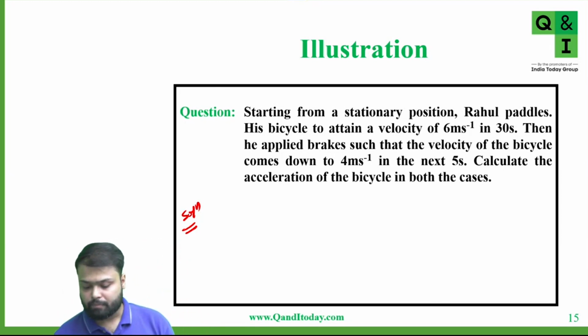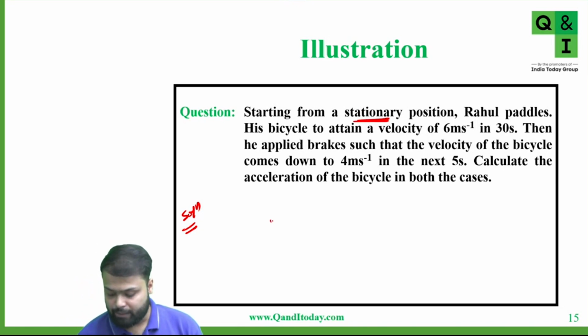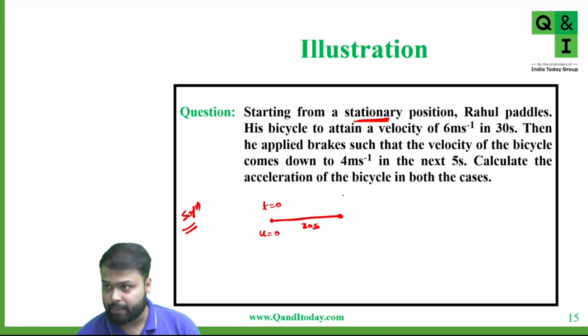Okay, Rahul is starting from a stationary position. That means initially at t equals 0, u is equal to 0. Now after 30 seconds, he attains a velocity of 6 meter per second.